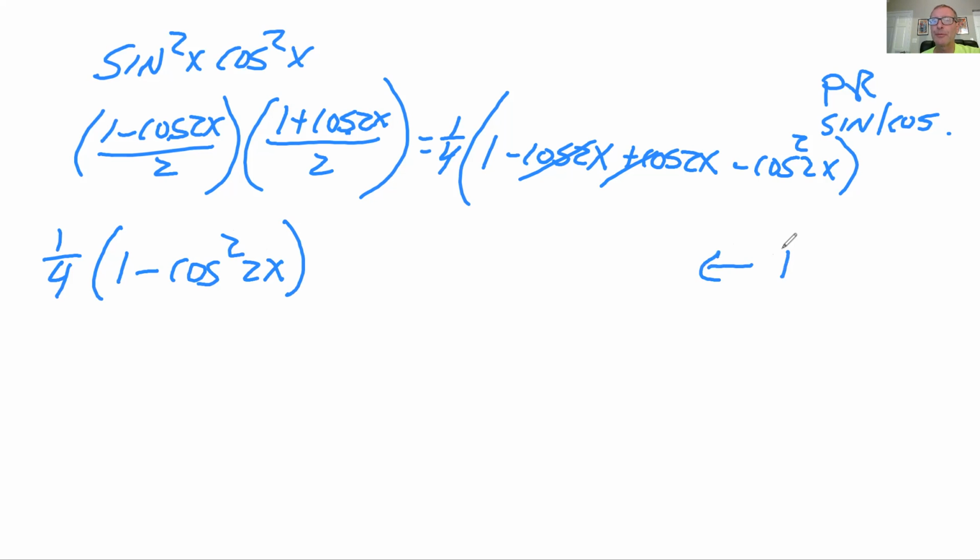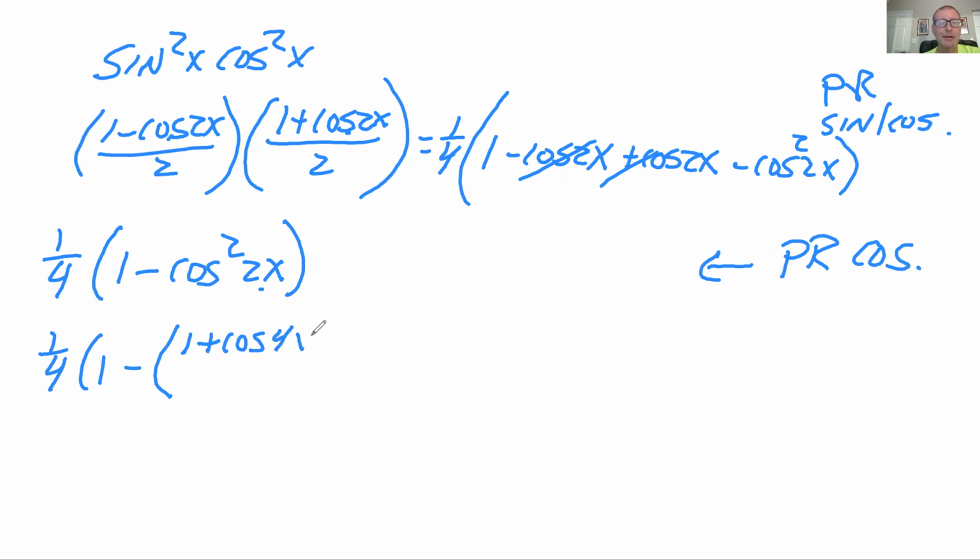So here we'll do the power reducing for cosine. And so that would be 1/4. It'd be 1 minus, and then what would that be? Well, we have 2x here, so it's going to be 1 plus cosine of 4x, just like we did last time, divided by 2. And again, what I would do is bring this 2 out right away, get rid of all the fractions.